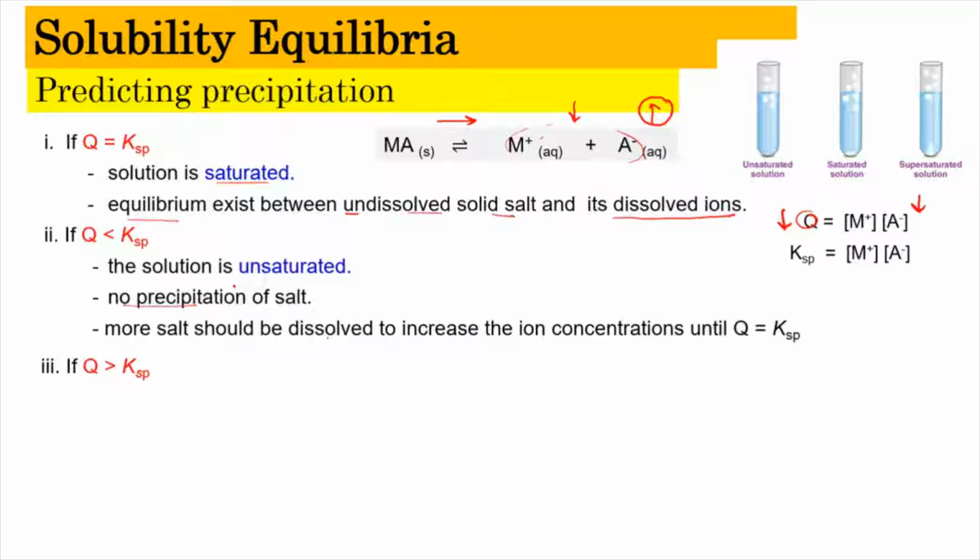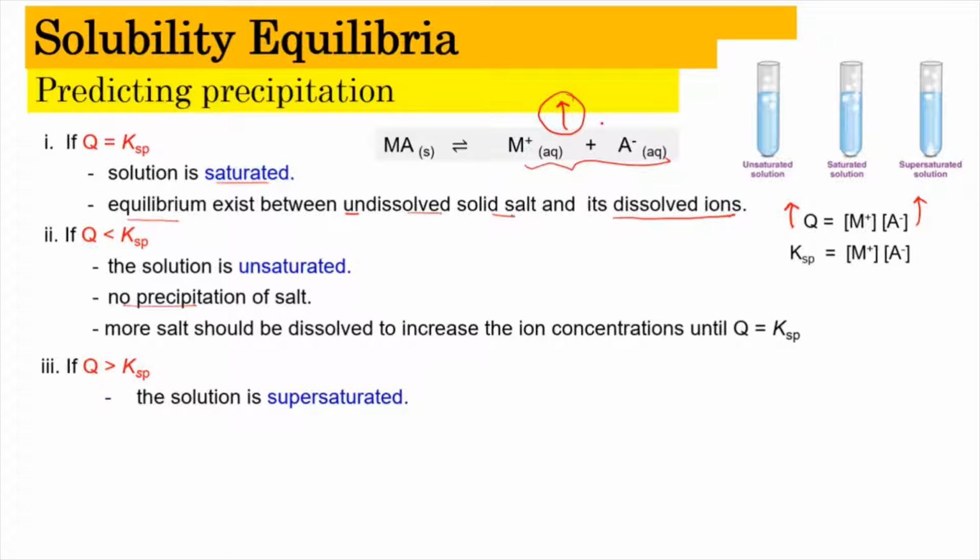So what happens if we have the situation of Q greater than KSP? Okay, so as what you can see here, when Q is big, the concentration of M plus and A minus is going to be big as well. So this side here will have a very, very high concentration. Okay, and it means that this solution is super saturated with the ions here.